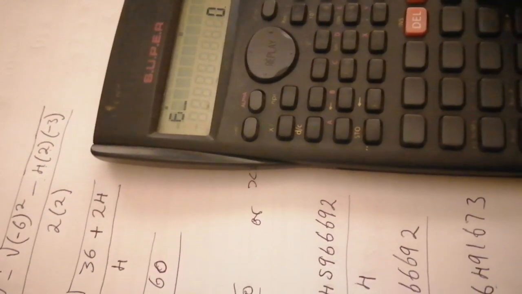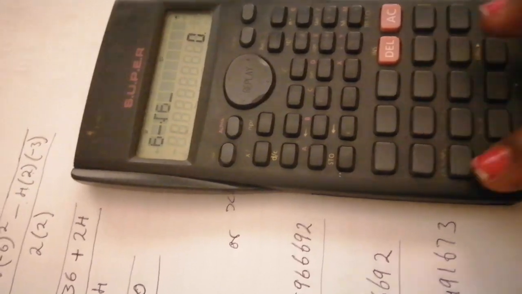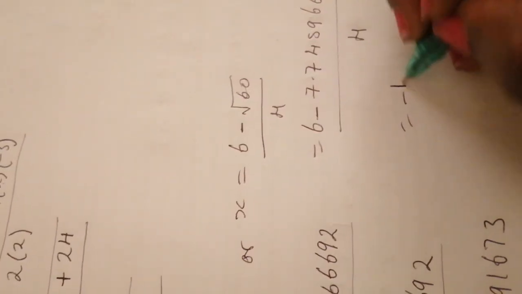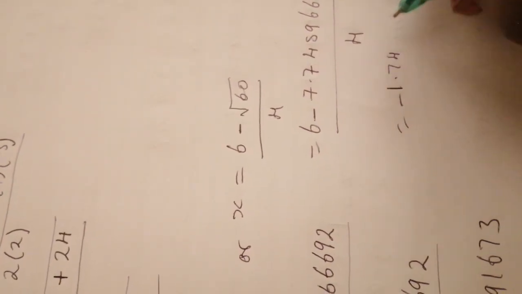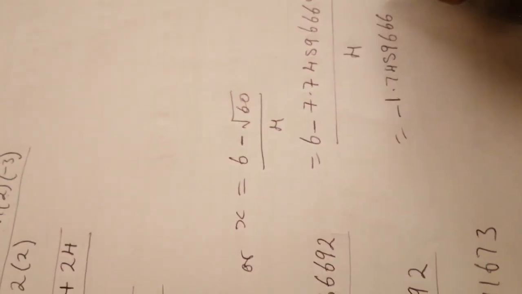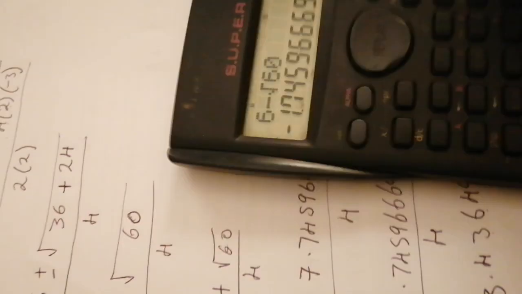I can simply say 6 minus square root of 60. So I have negative 1.7459666692 divided by 4.